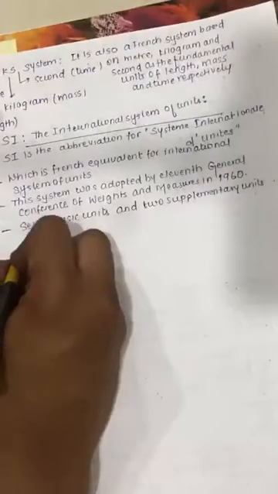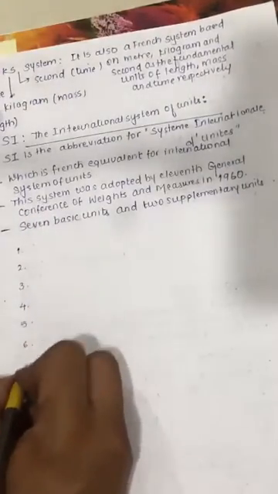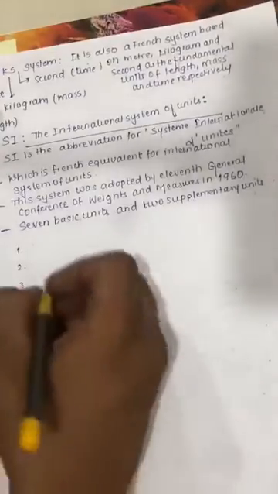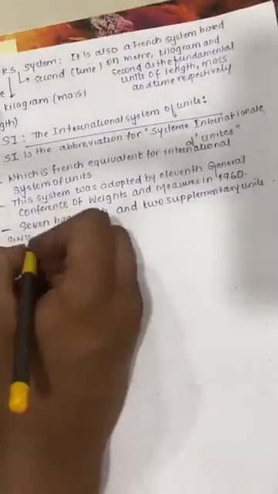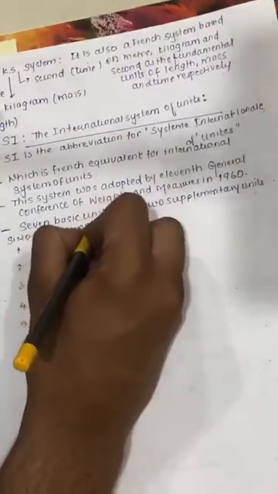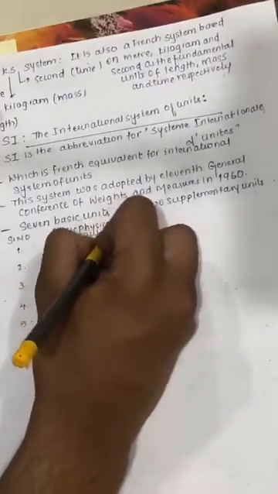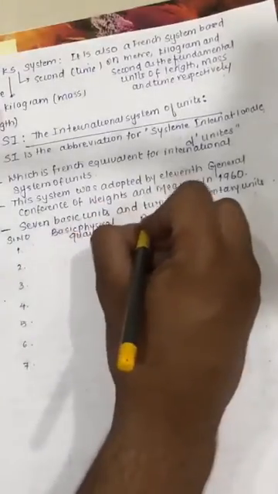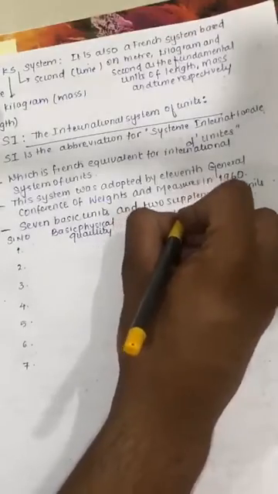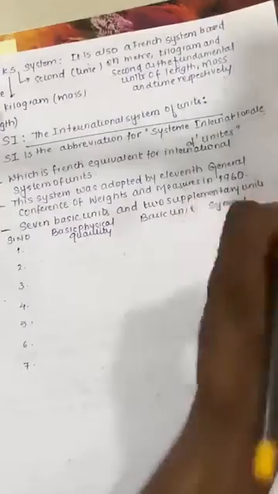I will list down first, second, third, fourth, fifth, sixth, seventh. This is your serial number. Basic physical quantity, then its basic unit, and last is the symbol of the unit.